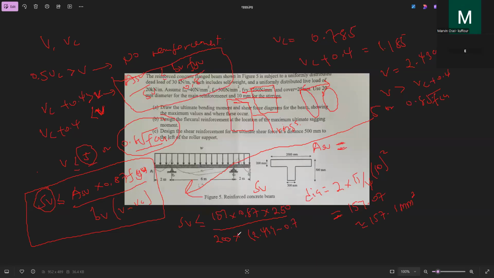What was the value of the VC? 0.785. So what is the value of SV giving us? Yes, what are we getting? 103.227.